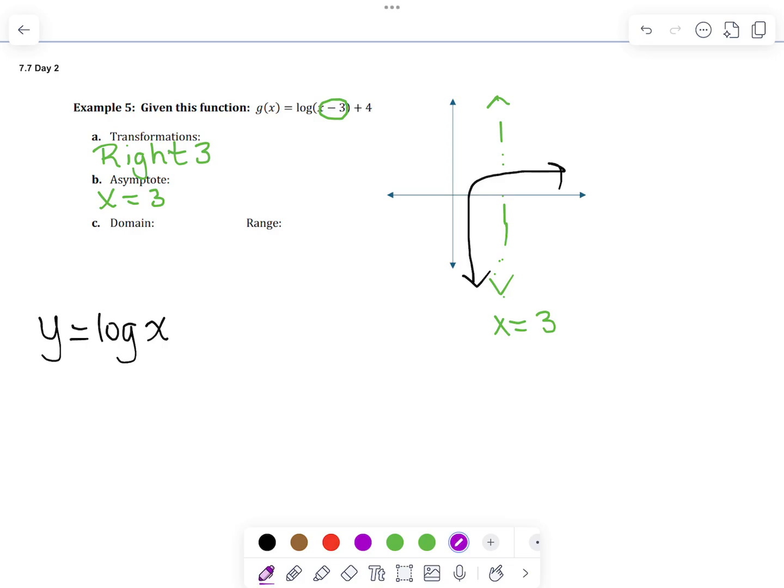Then we have a plus 4, and that plus 4 is outside the function, so it's going to move it up 4. So the child will look like this. And again, we're just doing a quick sketch of it. The domain is everything to the right of that green asymptote, and then the range is all real numbers.